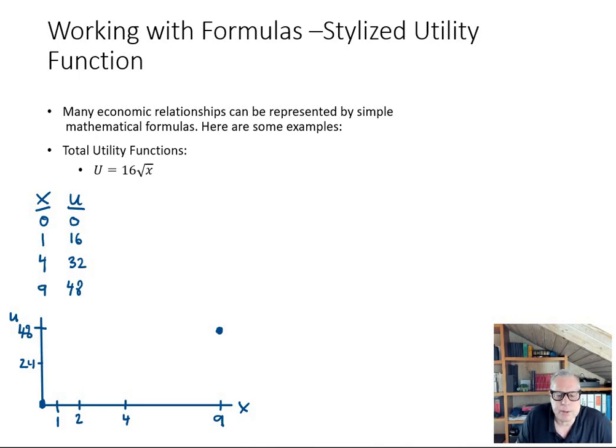Then at the value of 1, we get 16, so maybe that's somewhere here. So what you can see is that we get a curve which has obviously this curvature to it.